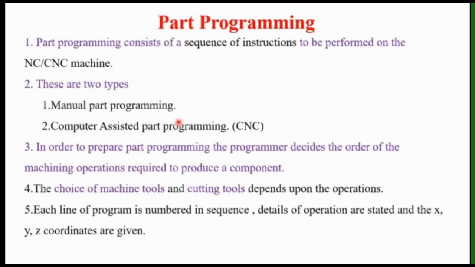The choice of the machine tool and the cutting tool depends upon the operations we are going to perform. Each line of the program is numbered in sequence, details of the operations are stated, and the XYZ coordinates are also given in the program.